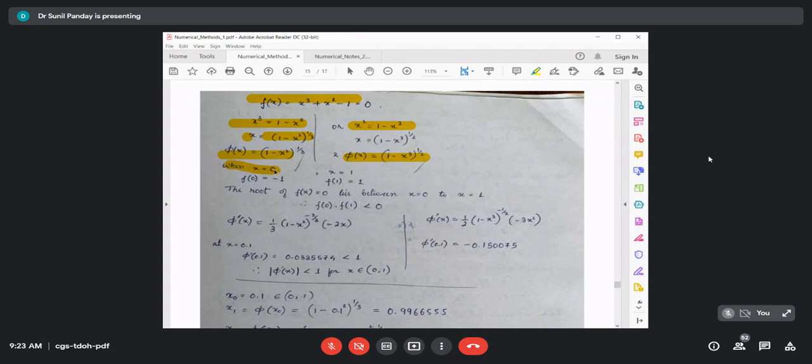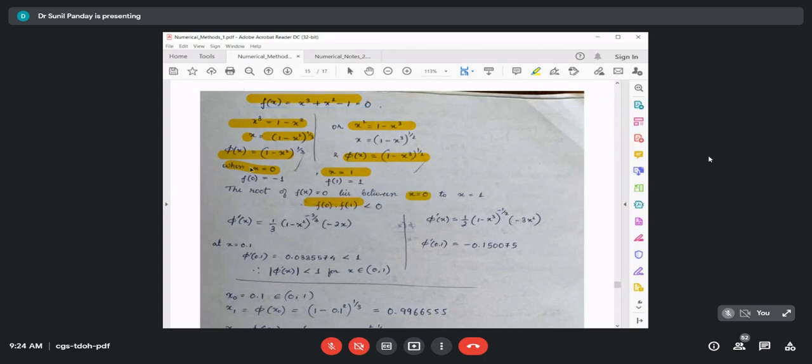So we first select the interval of the root. The root lies in the interval 0 to 1. We can easily check: f of 0 is minus 1, and f of 1 is 1. So one is negative and another is positive, so the root lies between 0 and 1.